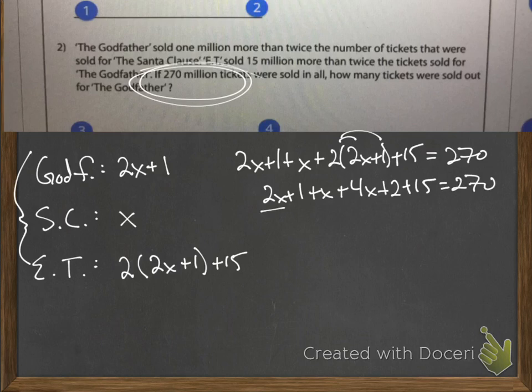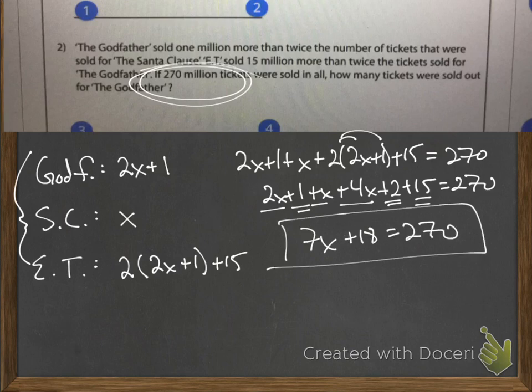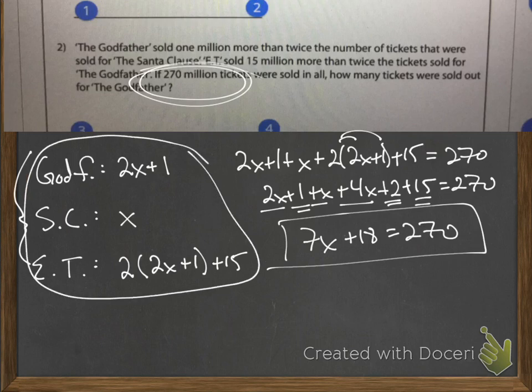And then I'm going to work on combining like terms here. So 4, 5, 6, 7x. 1 million, 2 million, and 15 million is 18 million. Now here's the equation I would use. So this would be the first part. I would put in this answer for the first part of my question. 7x plus 18 equals 270 million will be our 3 movies added up without knowing Santa Claus.